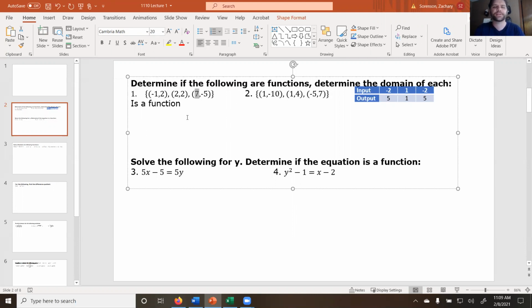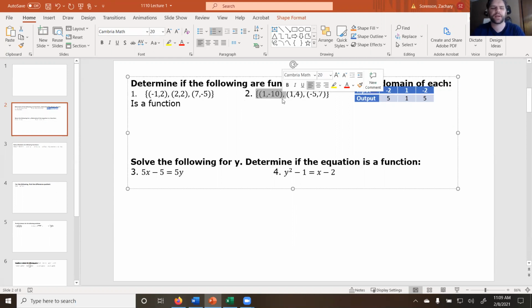Okay, now with that terrible explanation, maybe that will actually help us understand question 2. Is question 2 a function? No. Why not? The 1's going to -10 and 4. Yeah, so this is the issue here.